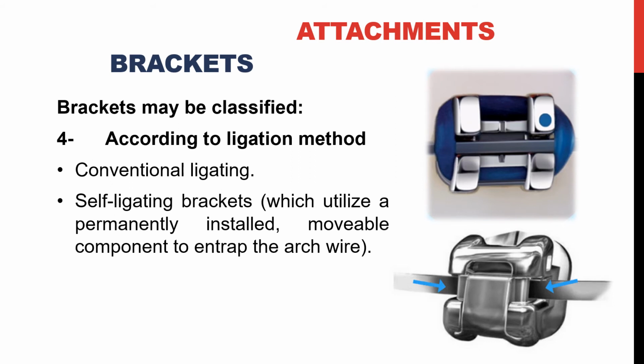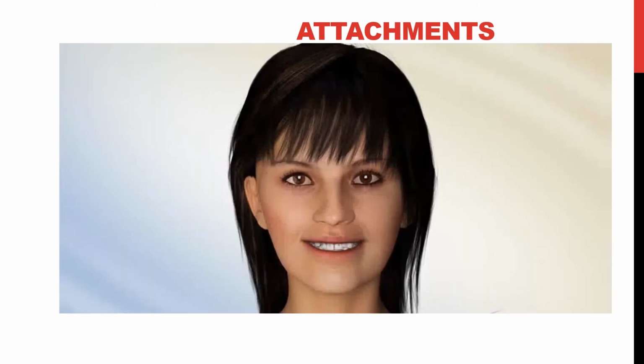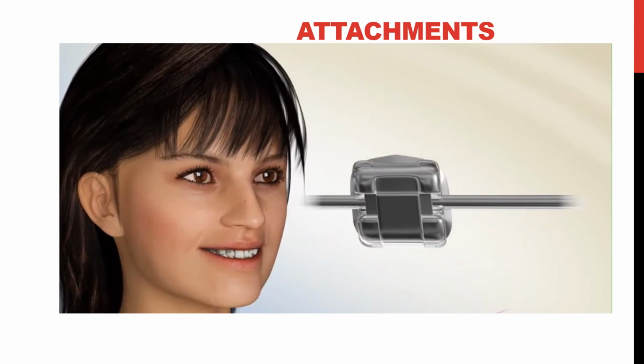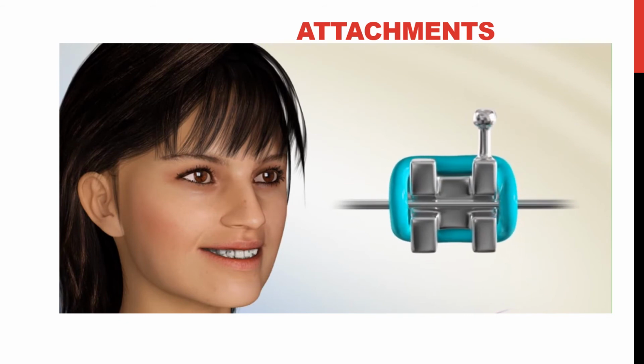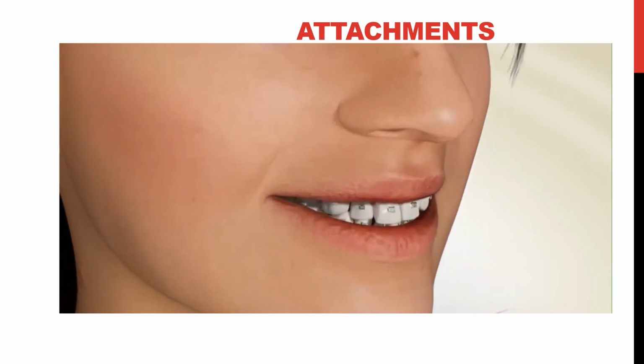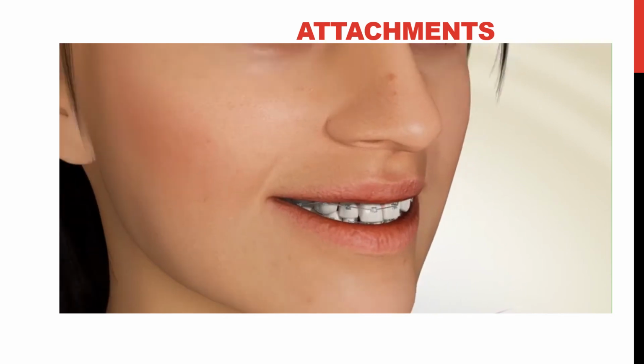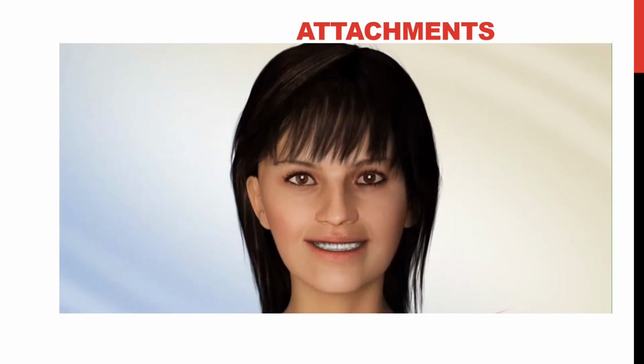The self-ligating brackets utilize a permanently installed movable component that would entrap the arch wire. This short video shows the self-ligating bracket as compared to the conventional ligating bracket. Self-ligating brackets usually have lower friction as compared to the conventional ligating brackets.